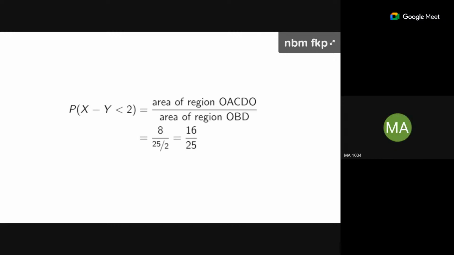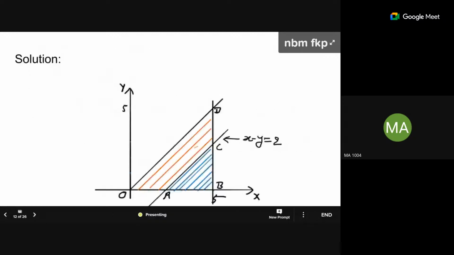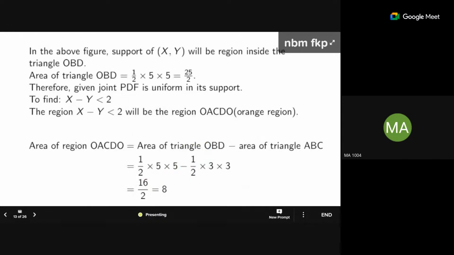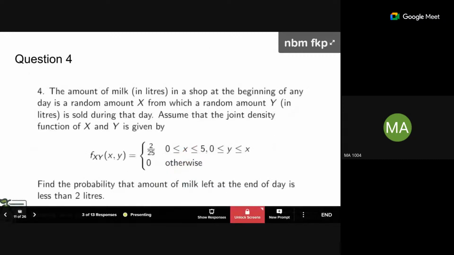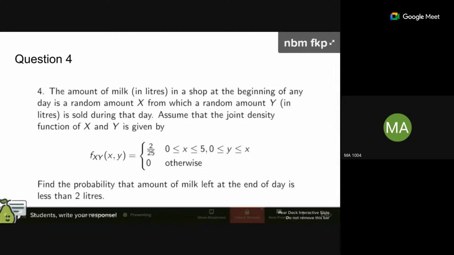See, we want area of region OBD, then why will we take the region? We have used the PDF to declare that our distribution is uniform. See, once you know that you have x and y as random variables and the distribution is like that, and you want to calculate the probability that the amount of milk, in short x minus y, should be less than 2, right?